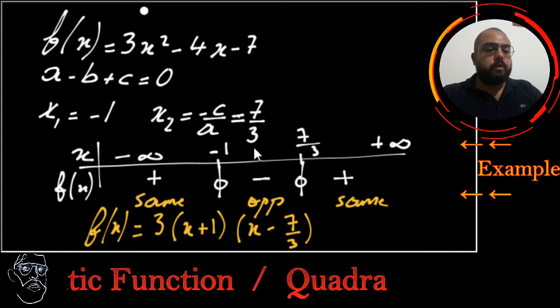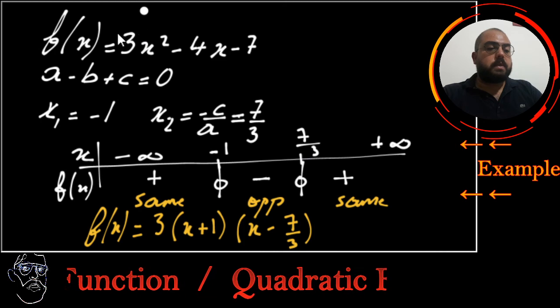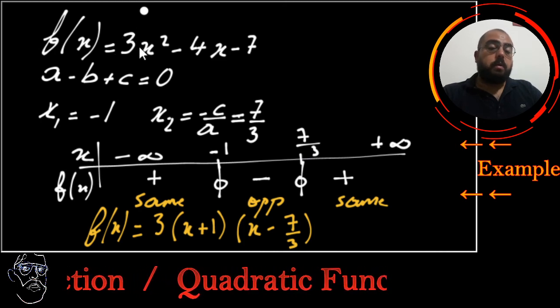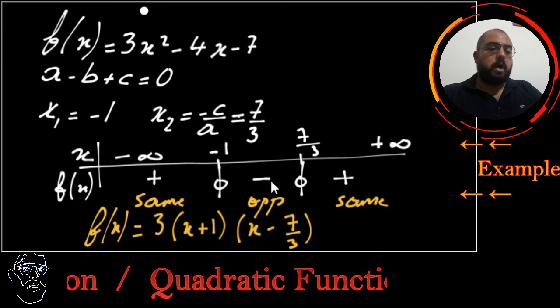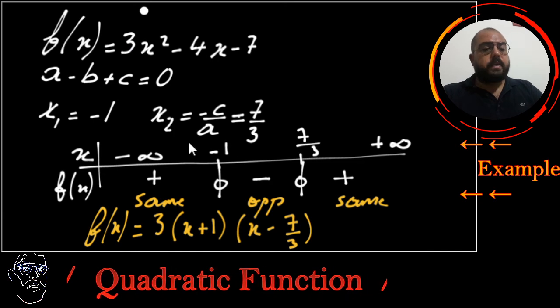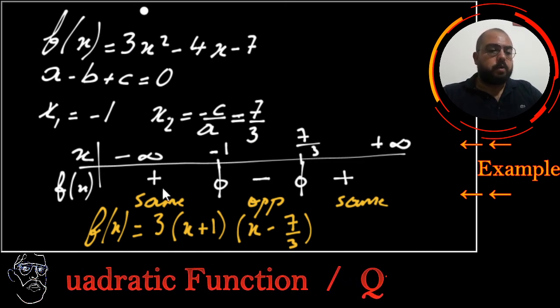Between minus 1 and 7 over 3, the function takes the opposite sign of a. A is positive, so you will have to say it's negative between these two values. Outside minus 1 and outside 7 over 3, it will be the same sign as a, so it's positive, positive.